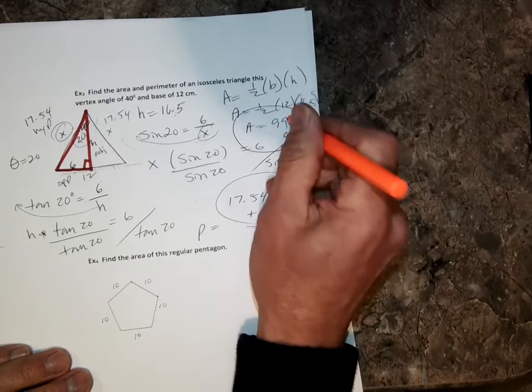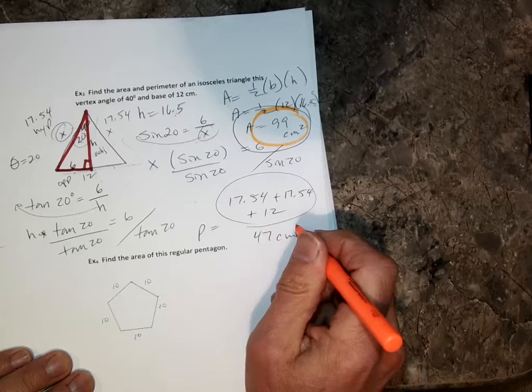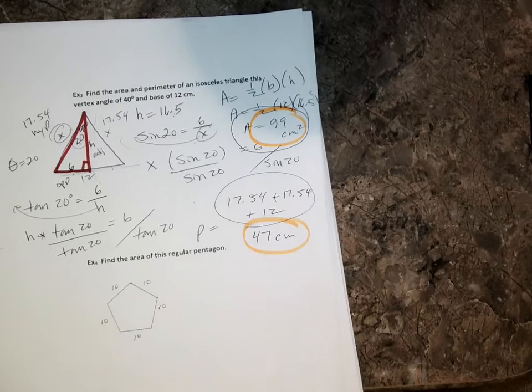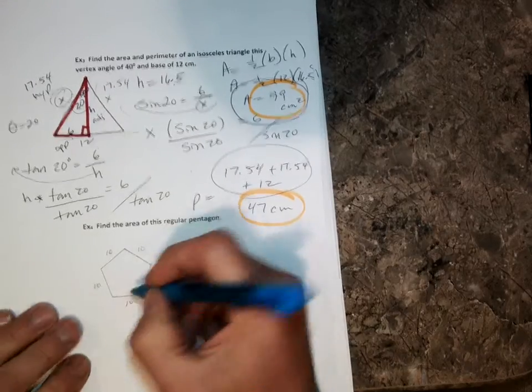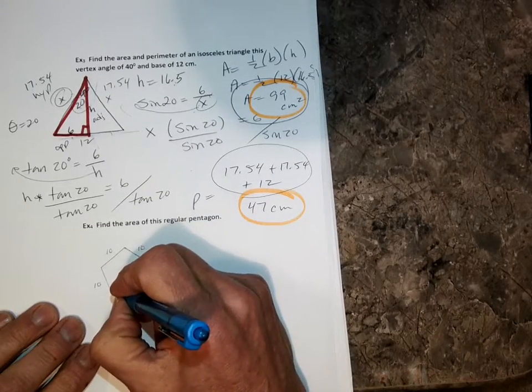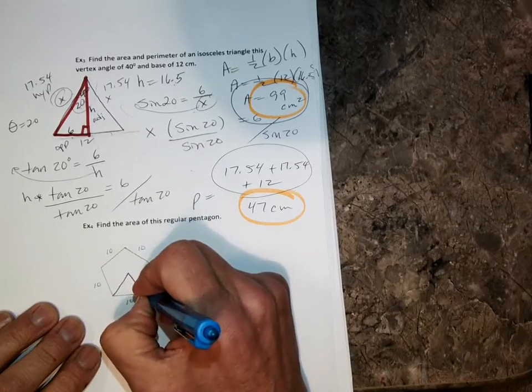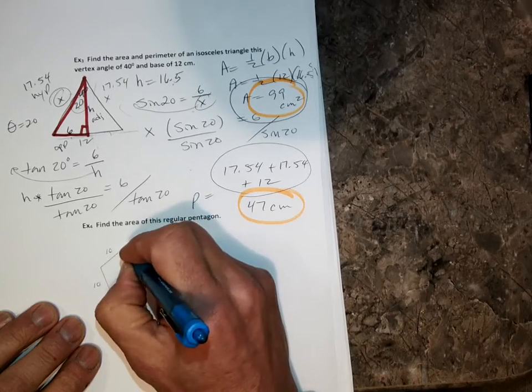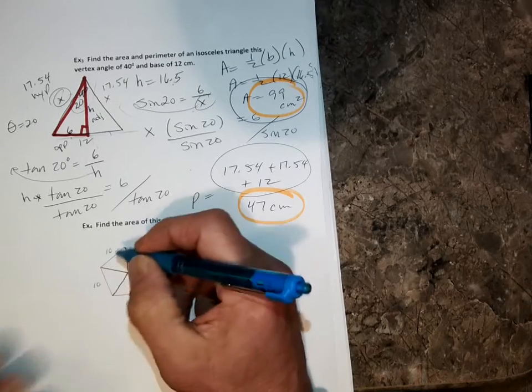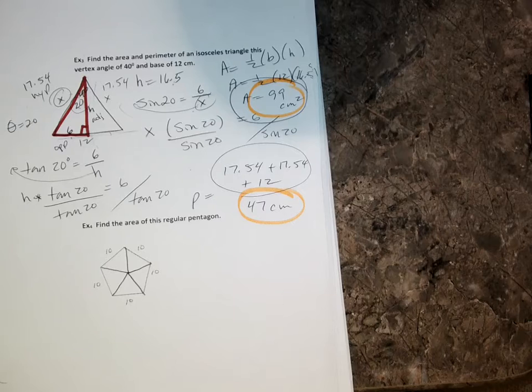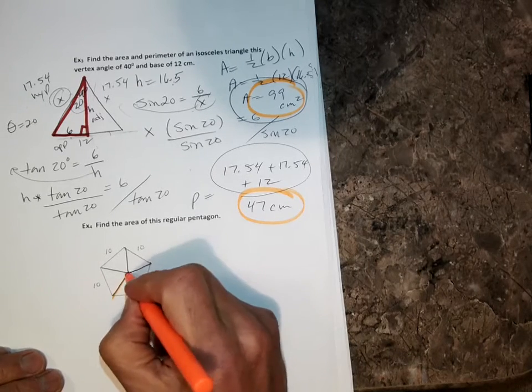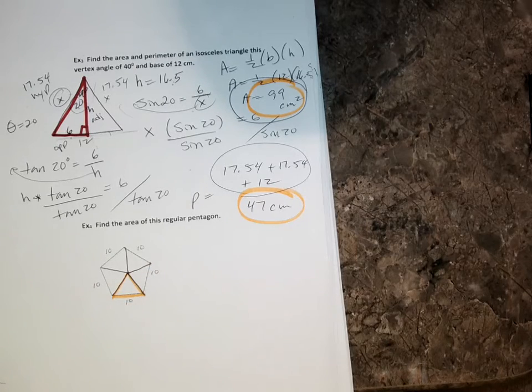Okay, last but not least, and I'm running out of time because I got another meeting to go to, but here's how it works. Okay, the area. First of all, in this pentagon, there are 5 equal triangles.